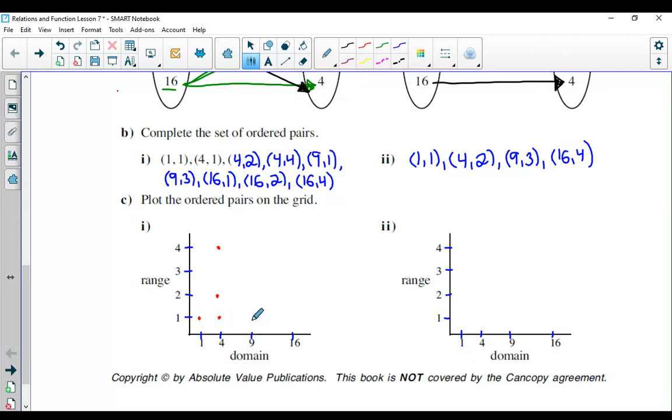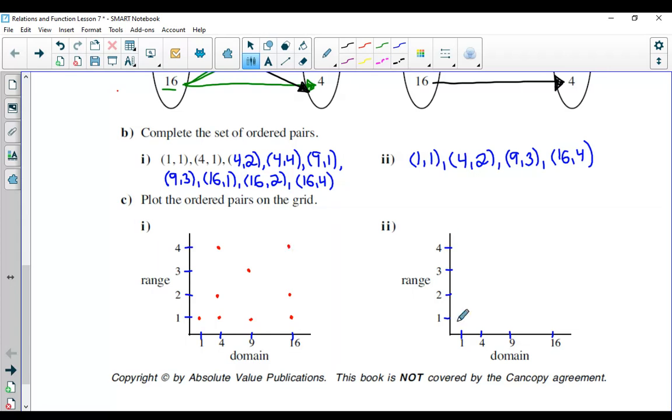We got 9 comma 1, and we have 9 comma 3. We have 16 comma 1, and we have 16 comma 2. And then we have 16 comma 4 up the top there.